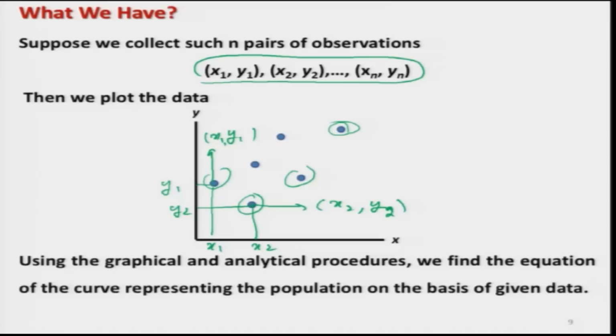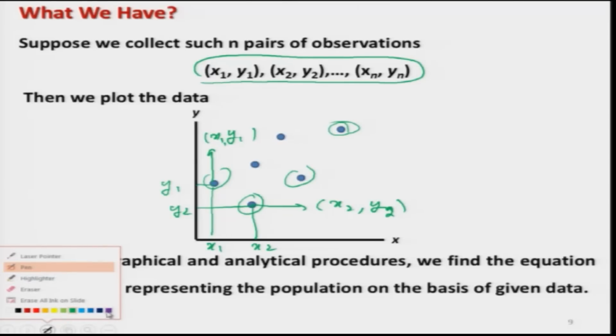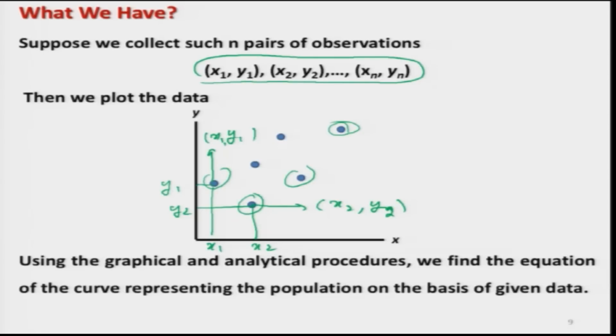Now, looking at this graph you can decide whether there is going to be a linear trend or not, right. You can see here that the points are going in this direction, so there is a presence of a linear trend in the data, or there can be a non-linear trend also.